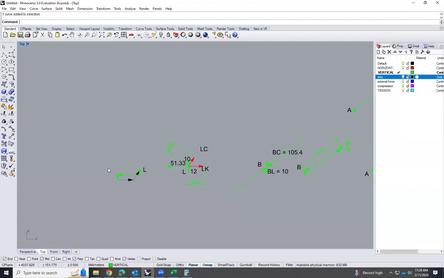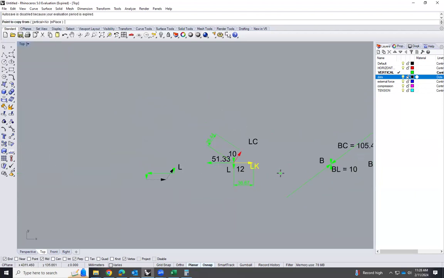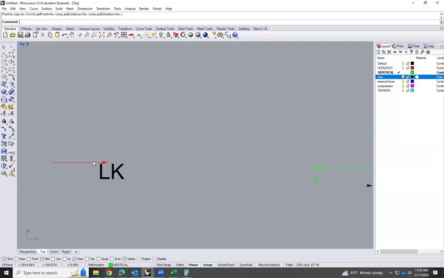Okay, so let's do it. So first LK. If we're at point K, now LK has to go like this.